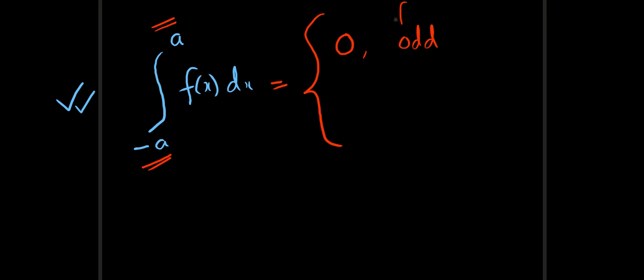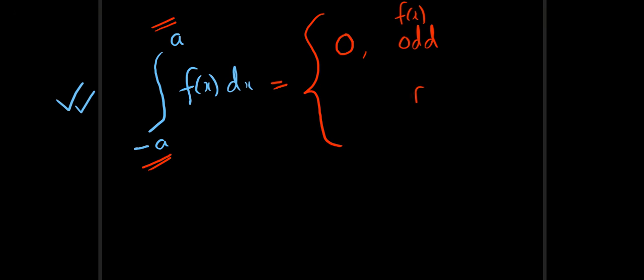So the property of even and odd function gives us the integral from minus a to a of f of x dx. Remember, this property will work only if the limits are in the form minus a to plus a. So if you have an odd function, the value will be 0. So remember, if f of x is an odd function, what will be the value of this integral? 0.